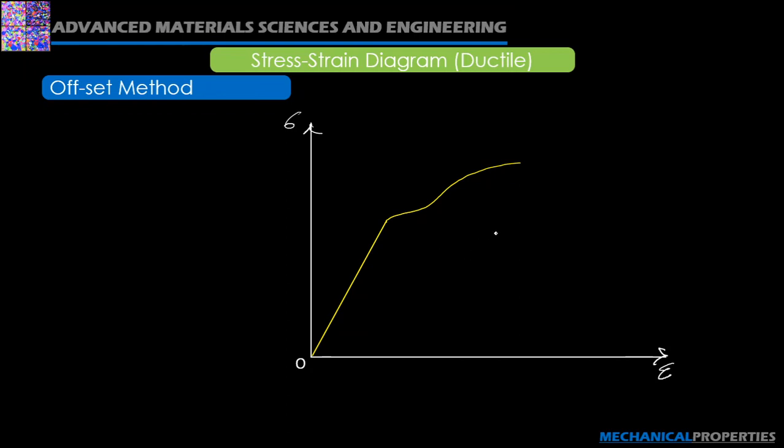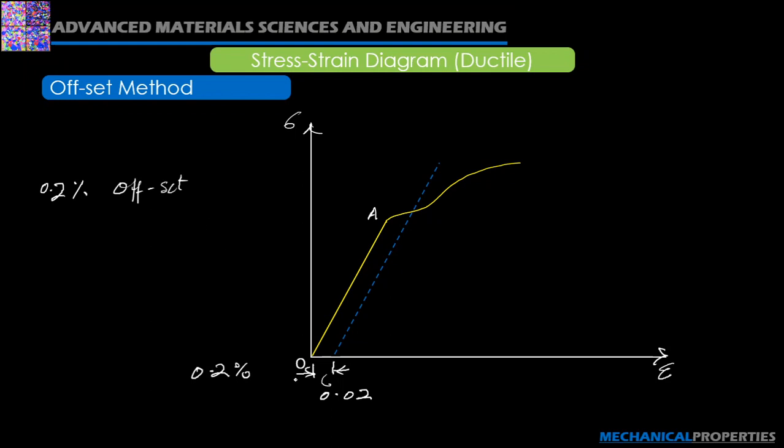where in this offset method we use a parallel line with the OA, let's say this A is the limit of proportionality. We draw a parallel line at a distance 0.2% from the origin, and this 0.2% is in fact the offset.